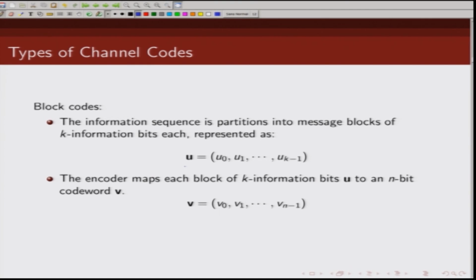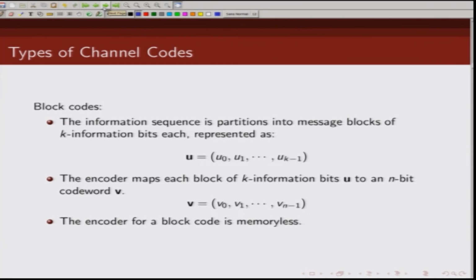We denote our information sequence by u. This is a k bit sequence, u0, u1 to uk minus 1, and our encoder is going to map these k bits into an n bit sequence, which is denoted by v.